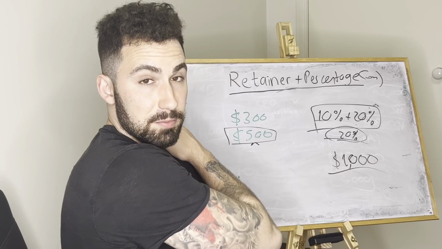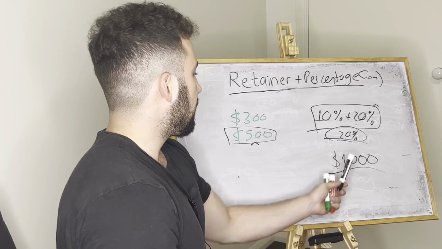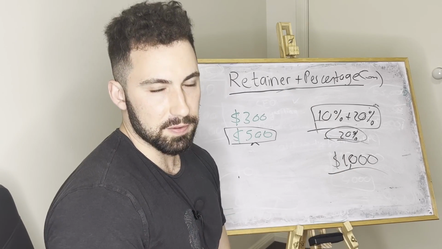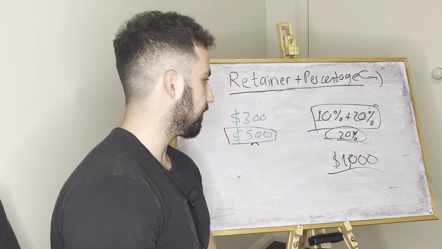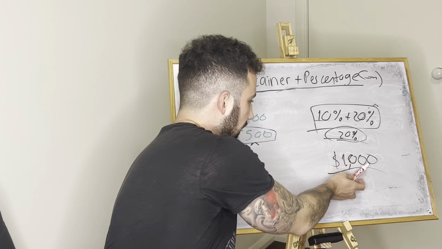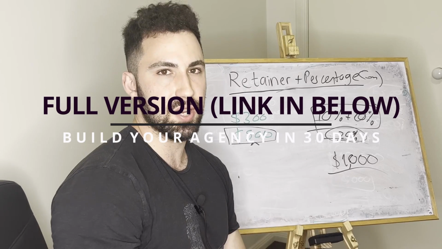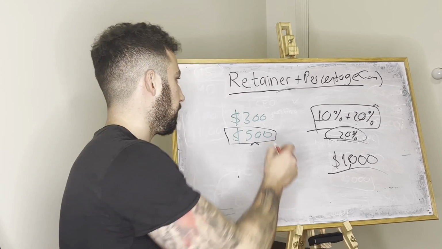And if you convince them, if they haven't run any ads before, it's pretty modest. And let's imagine you're running the ads yourself and you don't want to scare the client off. If you ask 500 retainer, they might be scared off a little bit, right? Your likelihood of getting that client is going to be pretty slim.